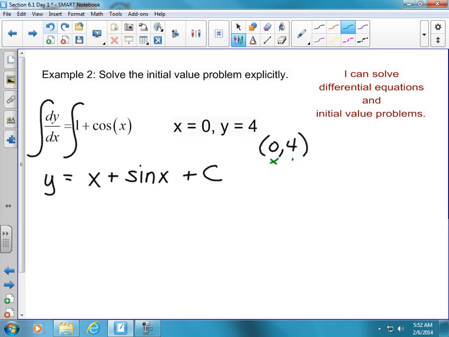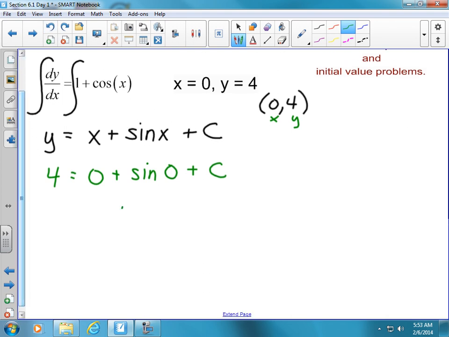Okay, now we know our initial condition. So x is 0, y is 4. 4 equals 0 plus sine of 0 plus c. All right, so sine of 0 is also 0, so that means that c equals 4. These two are both zeros, so c equals 4.